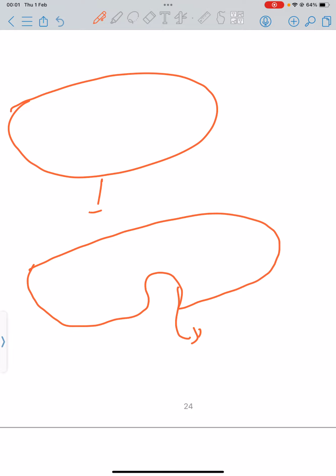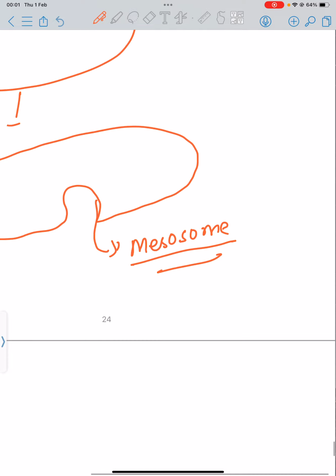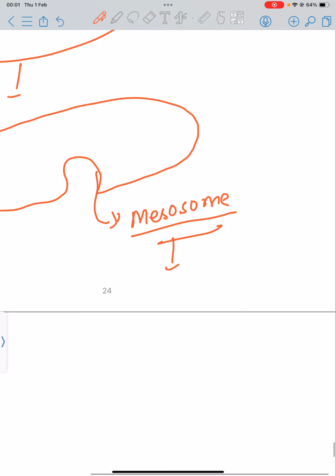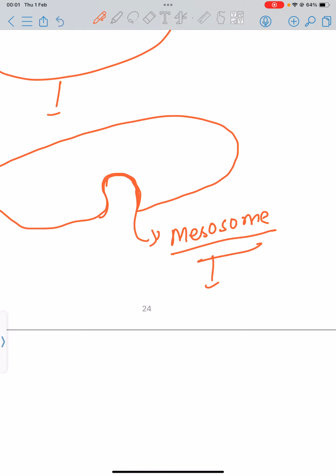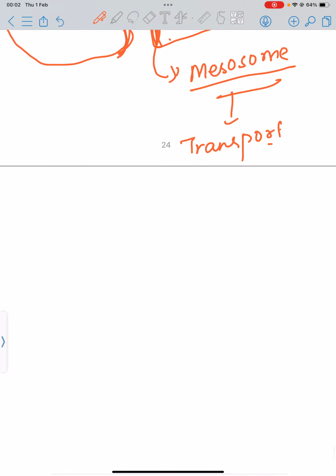This invagination is known as mesosome. Clear? Now what is this mesosome used for? Why would this structure be needed at all? Obviously for transport.